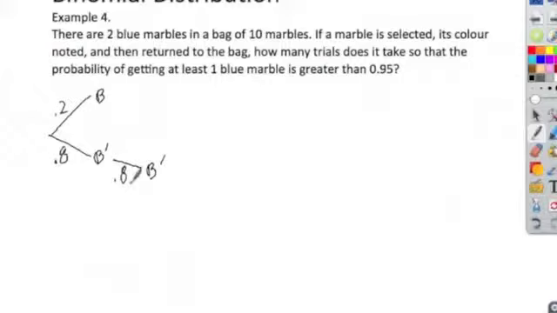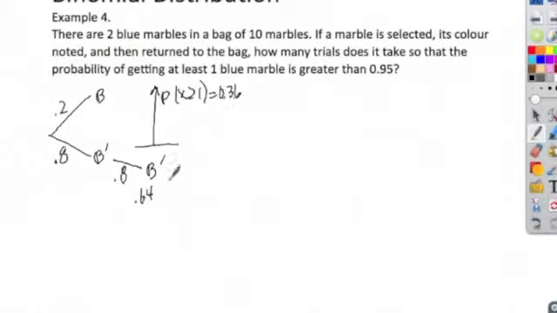So the second time we raise it to the power of 2. The probability of not getting a blue at this point is actually 0.64. So the probability of getting at least 1 is the complement of this, which would be 0.36. Okay, so the probability of x being at least 1 would be 0.36.